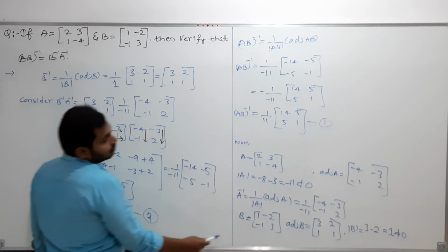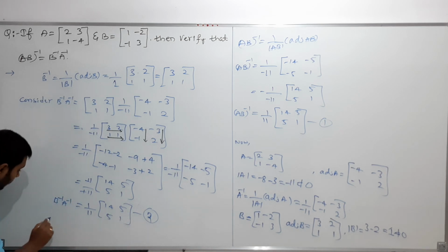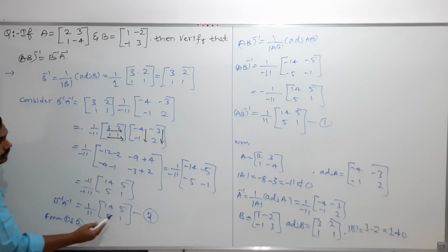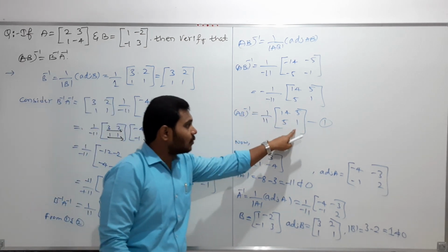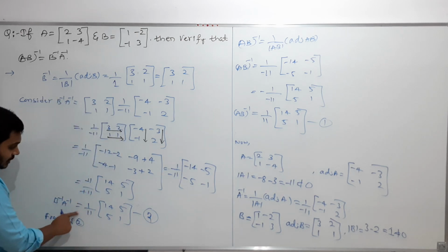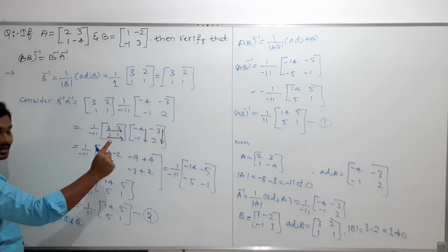So now, from 1 and 2: here the AB whole inverse value is 1 divided by 11, 14 5 5 1. And similarly, the B inverse into A inverse value is 1 divided by 11, 14 5 5 1. So both the values are same.